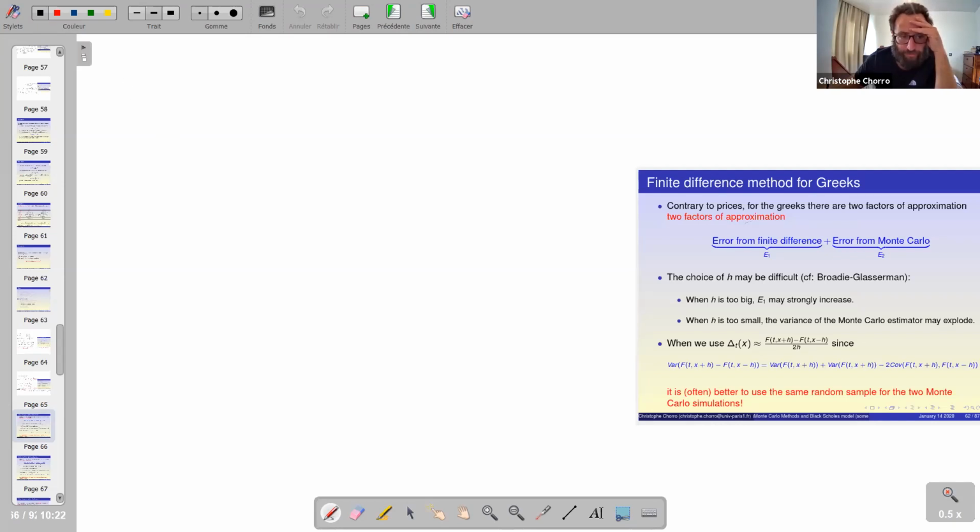So it's the second point that I want to emphasize. I will consider a particular payoff of this form, what we call the digital option.